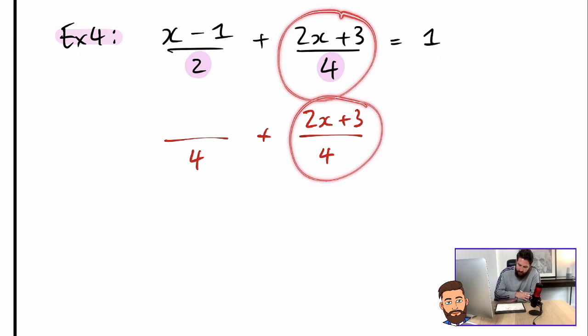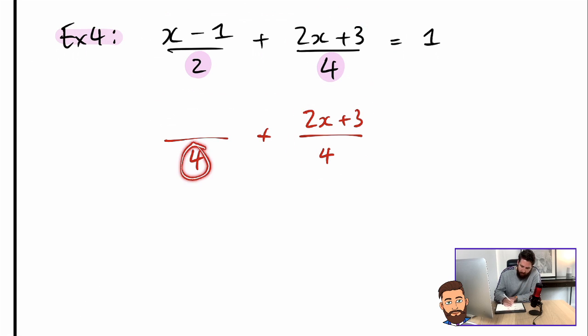How would I make this one out of 4? What would I do to 2 to make it 4? I would times it by 2. And remember, with fractions, if you times the bottom by 2, I have to times the top by 2. So by doubling this top here, I would get 2x minus 2. 2 times x is 2x, 2 times minus 2 is minus 2. And this still all equals 1.